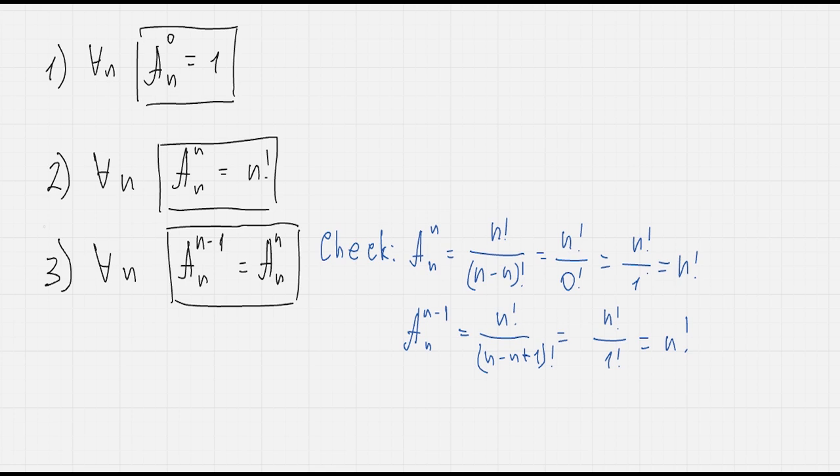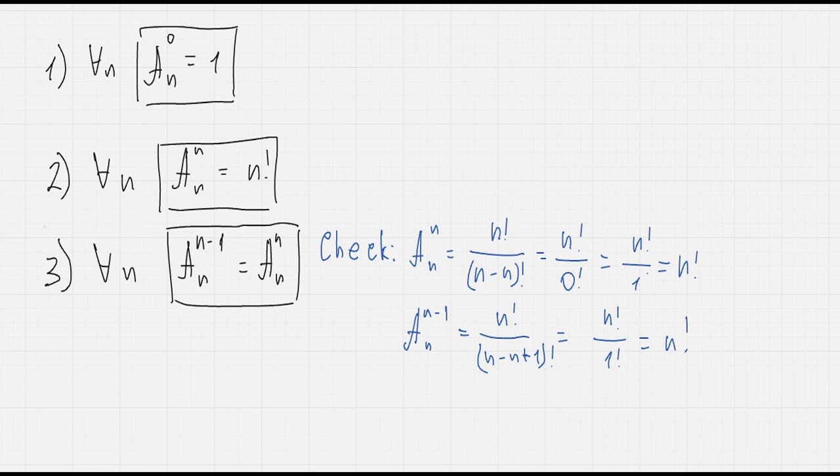How can we understand this on an intuitive level? The point is that when we choose all the balls except one, only one ball remains in the box. We get a product like A of n and n minus 1, that is n times n minus 1 times n minus 2 times and so on times 3 times 2.